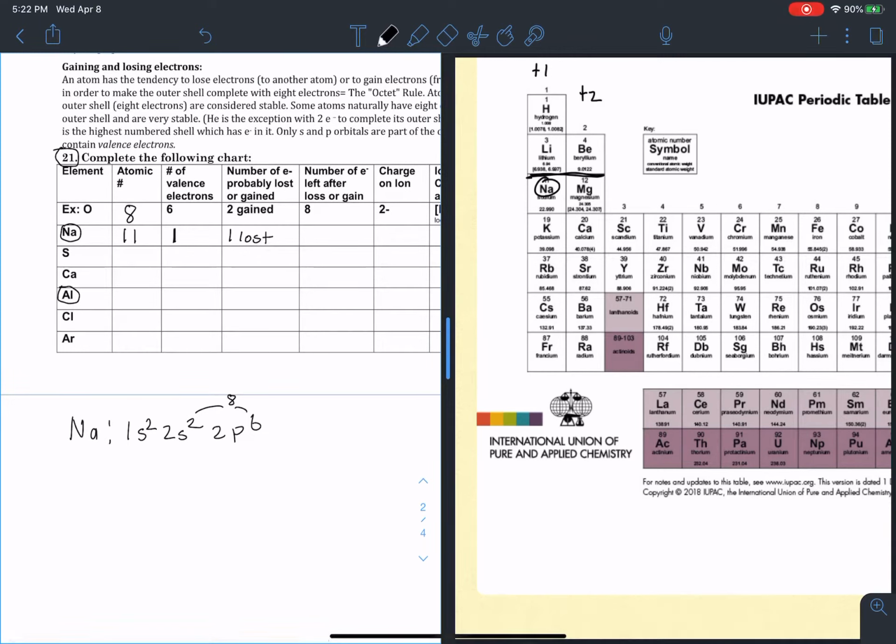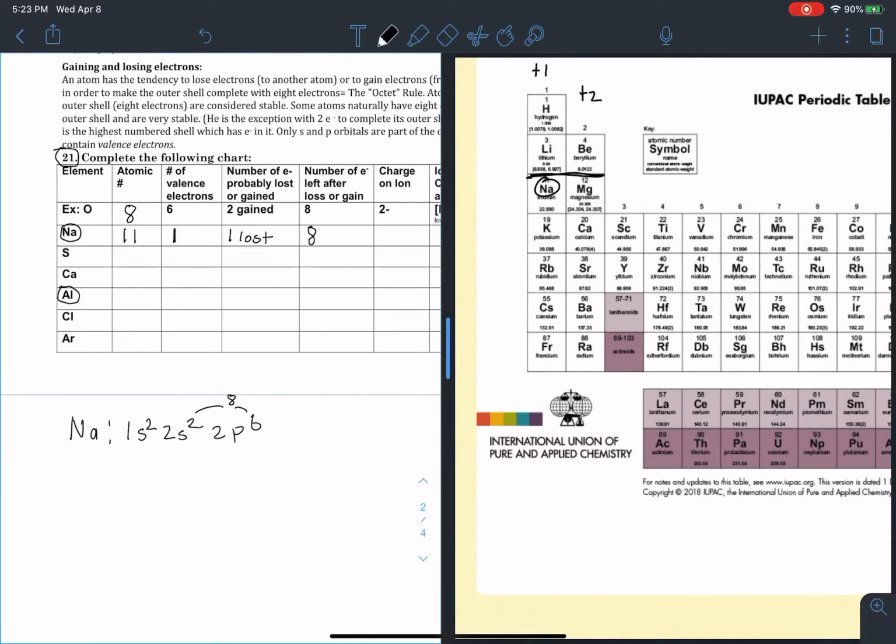I had a question, I think Amani might have asked that, wouldn't they all be 8? I'm not sure if all of these are 8, but because of the octet rule, I assume that they all are, and you have to show that with maybe some steps like what I just wrote down there. Hopefully that clears up a bit of the confusion, because it doesn't say number of valence, it says number of E, so maybe some of you are writing 10, or some of you are writing none, because you thought the valence electrons went away.